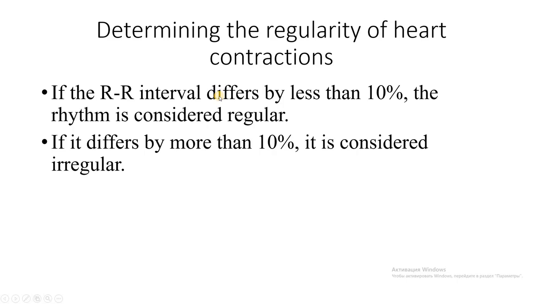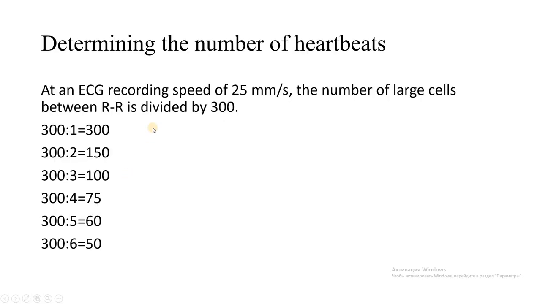Determining the regularity of heart contraction. If the RR interval differs by less than 10%, the rhythm is considered regular. If it differs by more than 10%, it is considered irregular. Determining the number of heartbeats at an ECG recording speed of 25 mm/second: the number of large cells between RR is divided into 300.